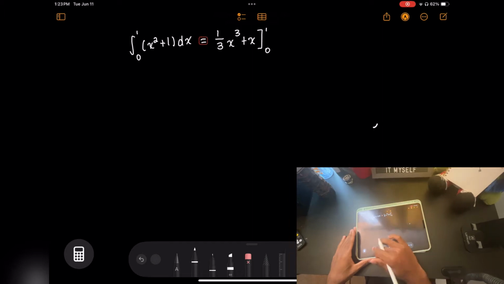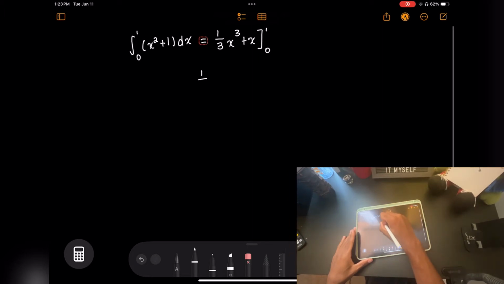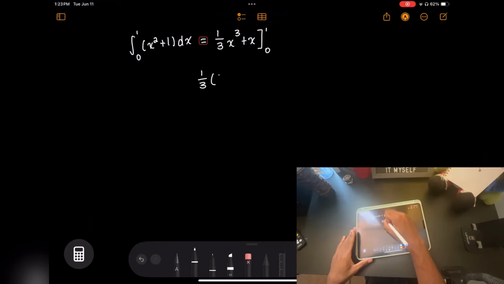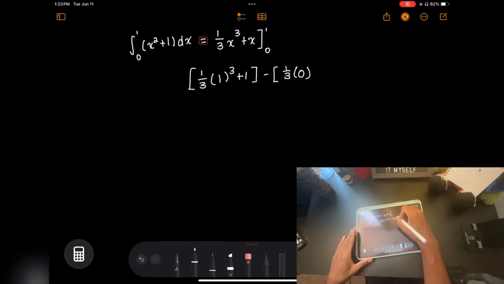Then I can plug in 1 for the first one, plus 1, and then subtract, evaluating at 0, so 0 plus 0.